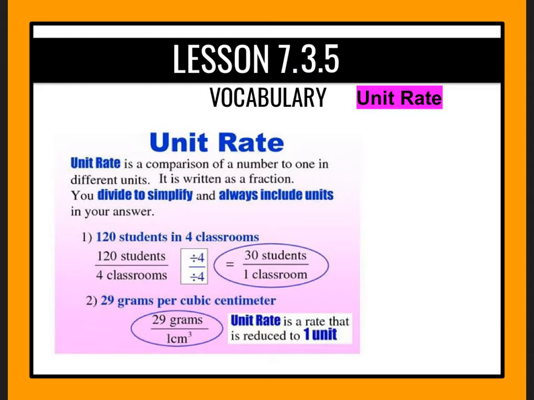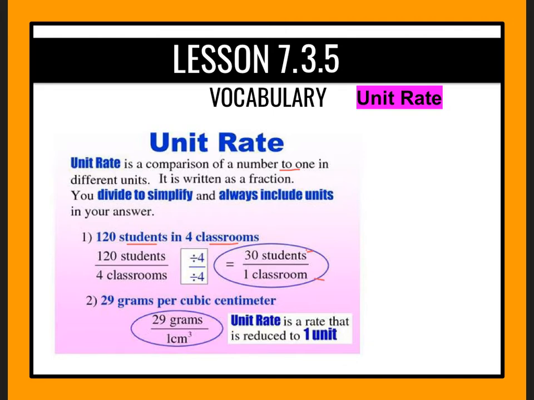So for example, if I'm comparing students in classrooms, here it says I can have 120 students in 4 classrooms. Well, if I divide that by 4, 120 divided by 4, that's going to tell me that I can actually have 30 students in 1 classroom. So remember, it's always a number being compared to 1 in different units. So my units are students and classrooms.